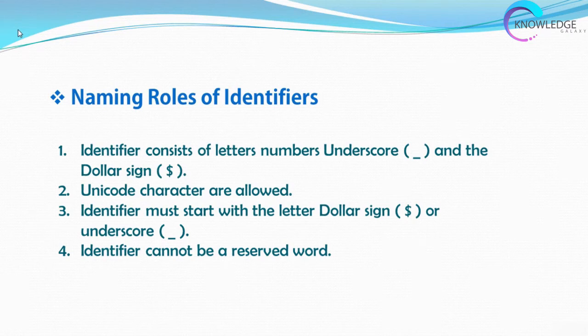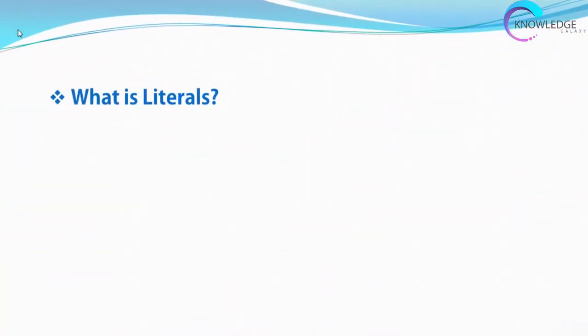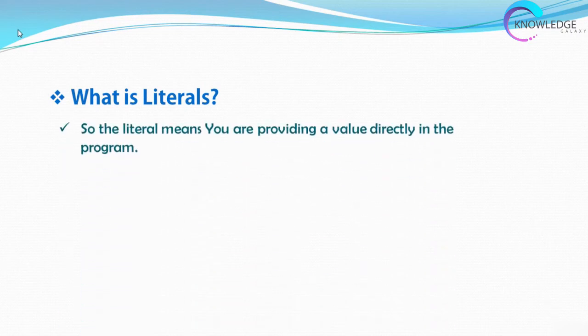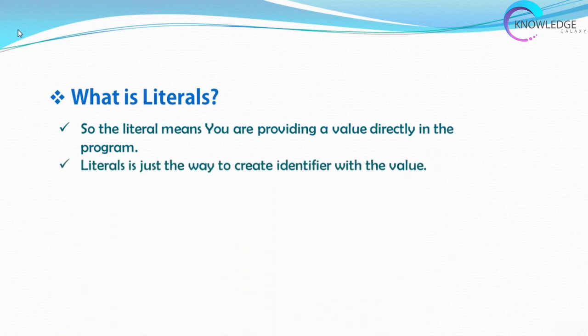Now, let me move to the next topic, literals. We already saw a literal in the previous example, where we specified a variable name with numerical literals. So a literal means you are providing a value directly in the program. A literal is just a way to create an identifier with the value.